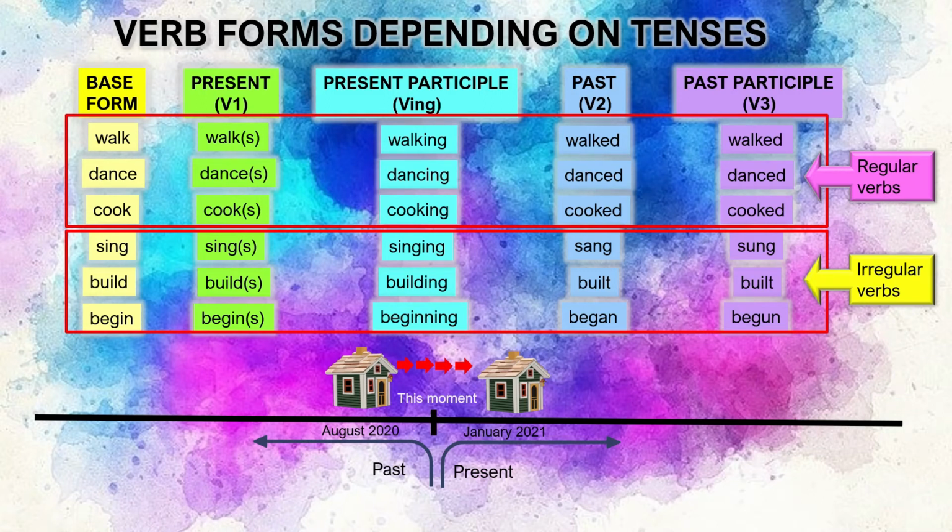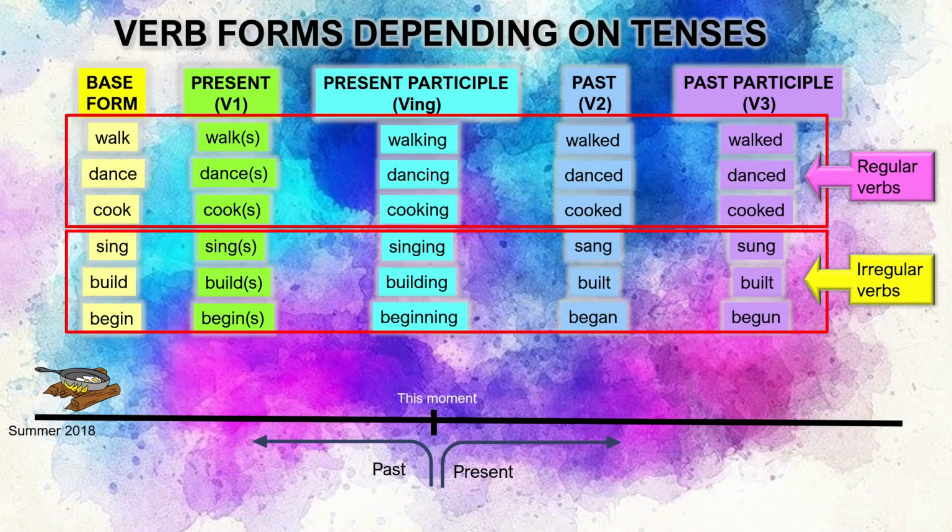If it happens until the time after this moment, you have to use the present form. And since this is in progress, you need to use the present participle. This form shows that the action is still in progress. This is how you use it: My grandfather is building a house. Is building. The verb ends with ing.